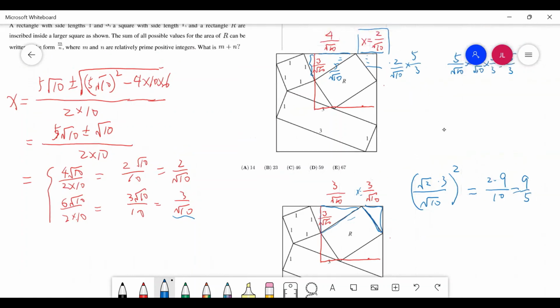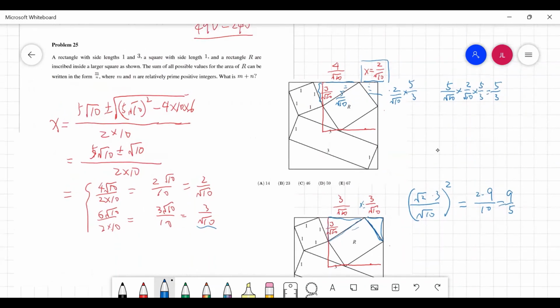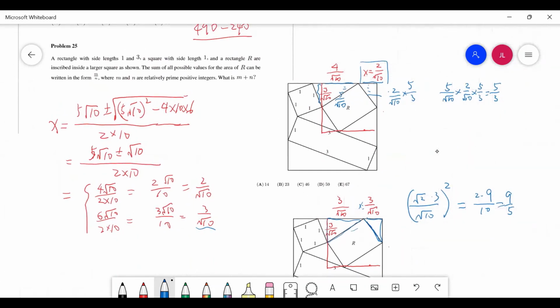Right, so taking all together, we have two possible values for the area of R. That's 5 over 3 and 9 over 5. So we want to find the sum of the possible values. So that's 5 over 3 plus 9 over 5, which is 25 plus 27 over 15, equal to 52 over 15.